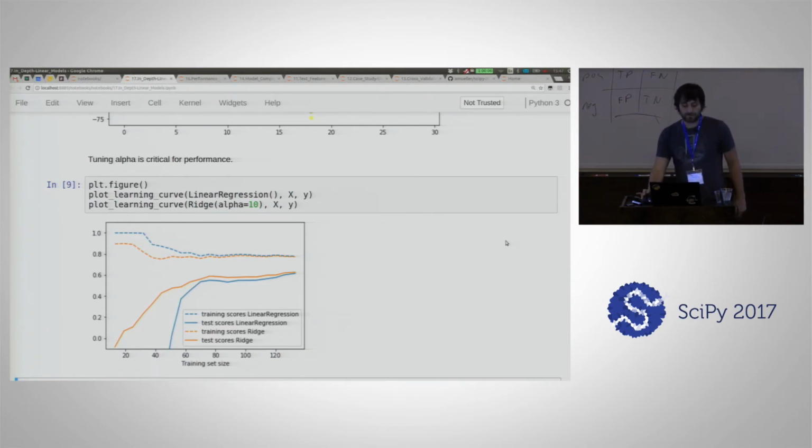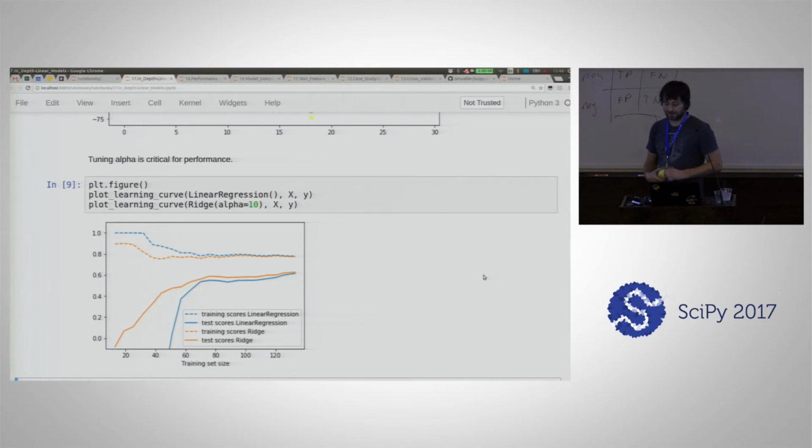Basically, you can see if your training set is very small, using this penalty gives us a big improvement. Here, if you have 40 samples, you get worse than 0 R squared with linear regression, but you get some reasonable results with ridge regression. But if you have many samples compared to the number of features, they're basically indistinguishable.